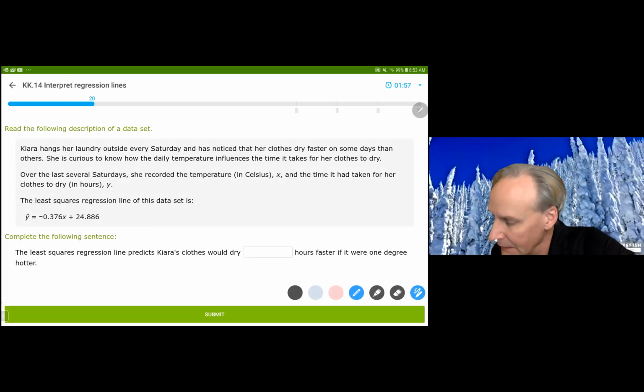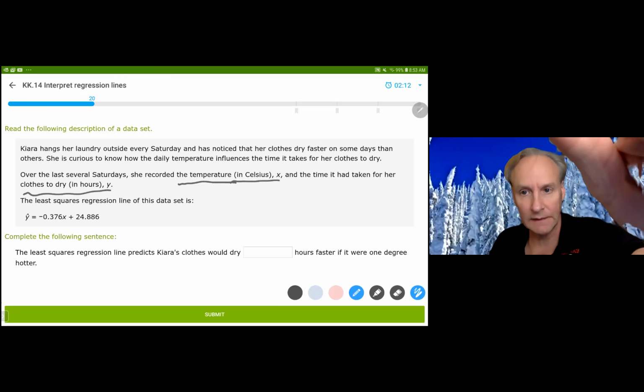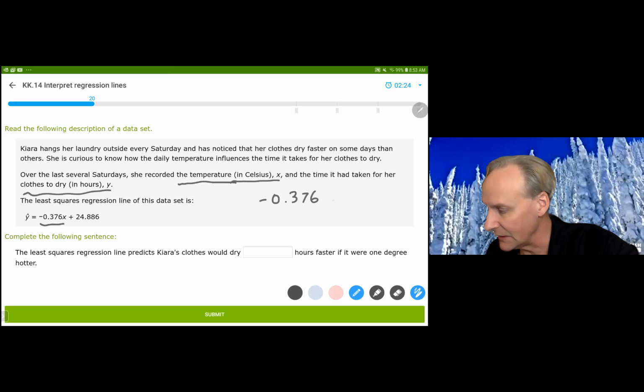This time we have, last Saturday she recorded temperature in Celsius. So this temperature in degrees is x, and the time it took for the clothes to dry. So clearly, if the temperature goes up, the clothes should take less drying time, which is why this is a negative slope. So the negative 0.376 is the drying time in hours.